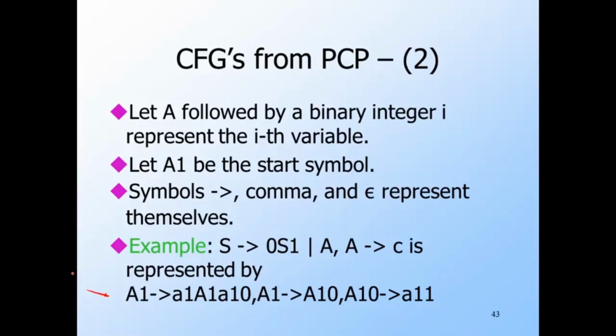The bar connecting alternative bodies for S has been expanded so that there are two separate productions. This represents S goes to 0S1, and this much represents S goes to capital A. Finally, this represents capital A goes to little c.